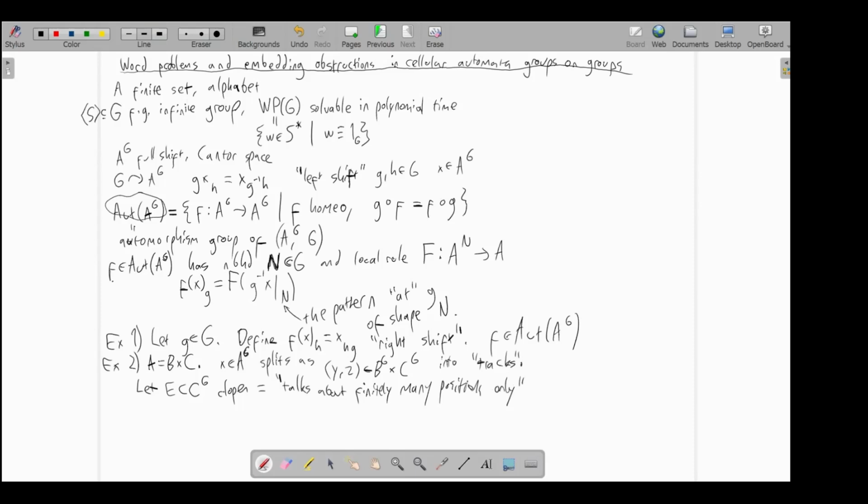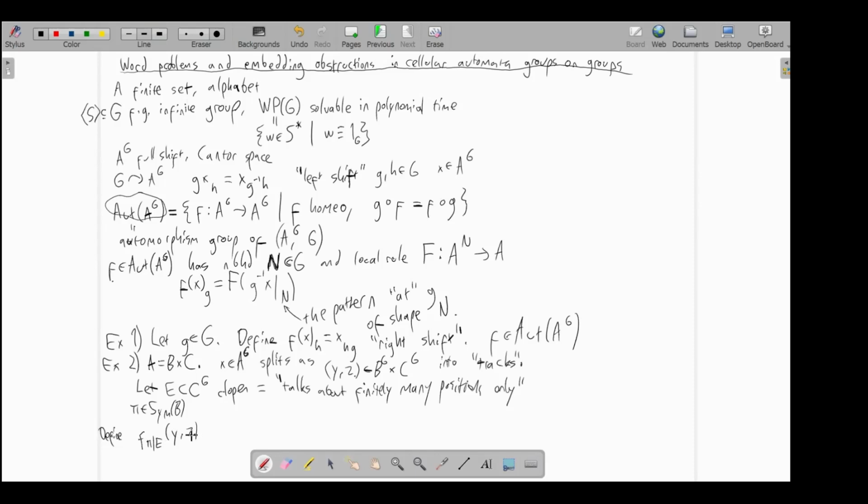So clopen just means closed and open, but in practice a clopen set is a set such that to determine whether X, or Z I guess, belongs to E, you only have to look at finitely many positions, and then you have some sort of rule telling whether you're there. And then let's take also pi in the symmetry group of B. Then you can define an automorphism like this, and I denote it F. F is my name for an automorphism, and it's the automorphism pi given E, and it acts like this.